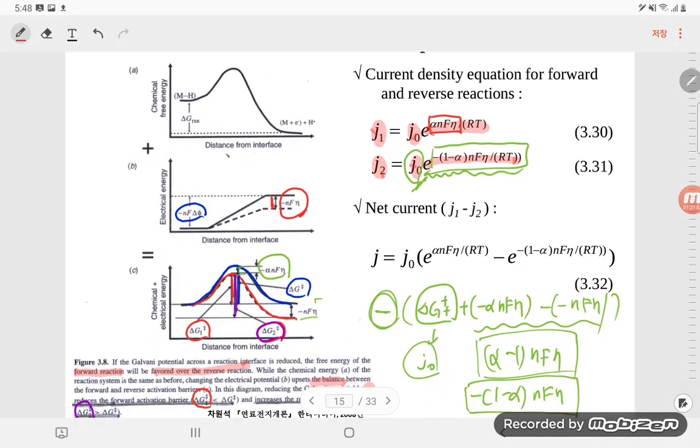Okay, so then the net current can be expressed as J1 minus J2. So this is the exchange current density, because this is the same one. They bind together, and that is for the forward, and that is for the reverse.